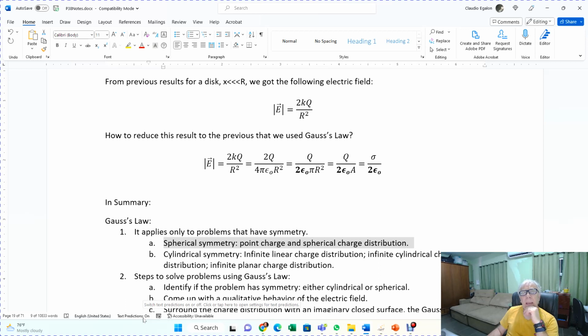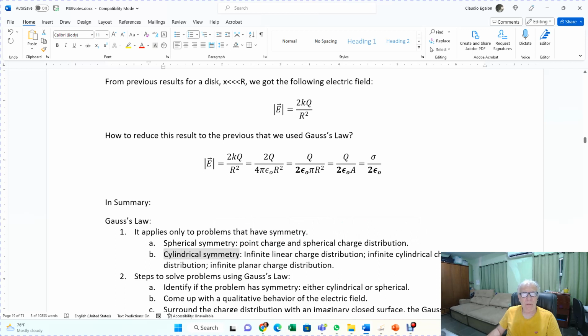It's not enough that you have a spherical geometry of your problem. It's not enough that you have cylindrical geometry of your problem. The charge distribution must also have this property. So, spherical symmetry and cylindrical symmetry.